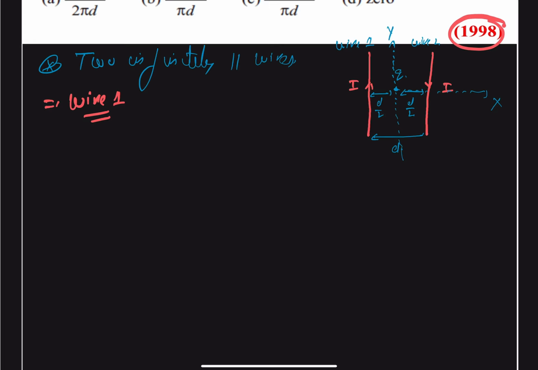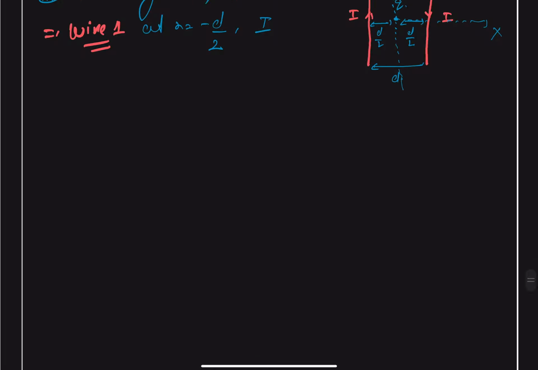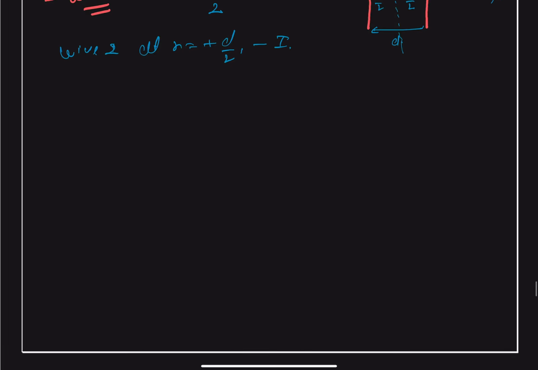Therefore we can say wire 1 is at x equal to minus d by 2, and it carries a current of I, and we have wire 2 at x equal to plus d by 2 and it carries a current of minus I, and both lie in the xy plane.